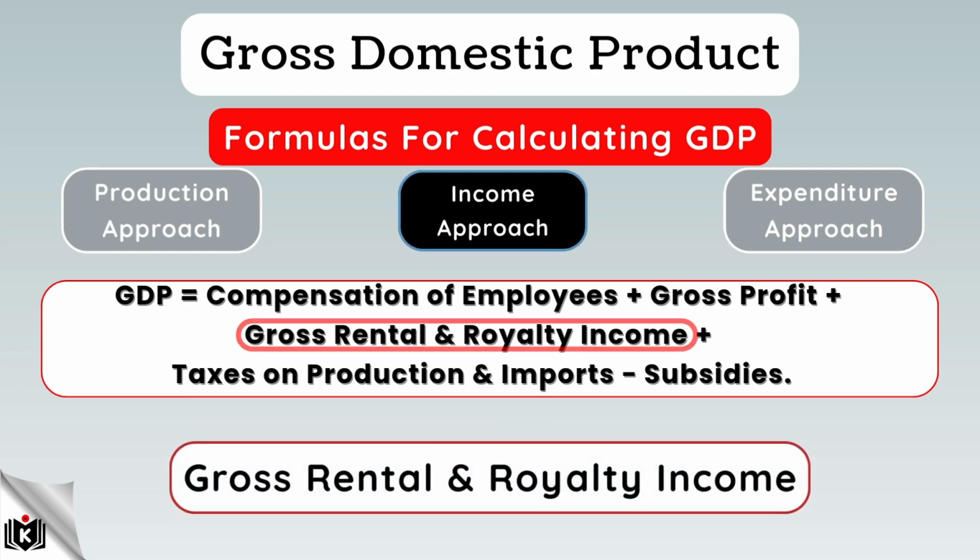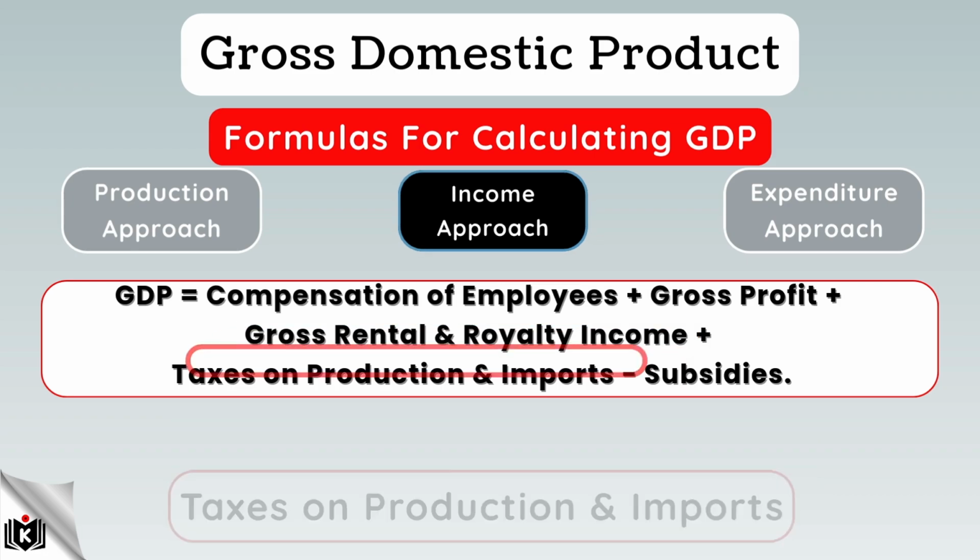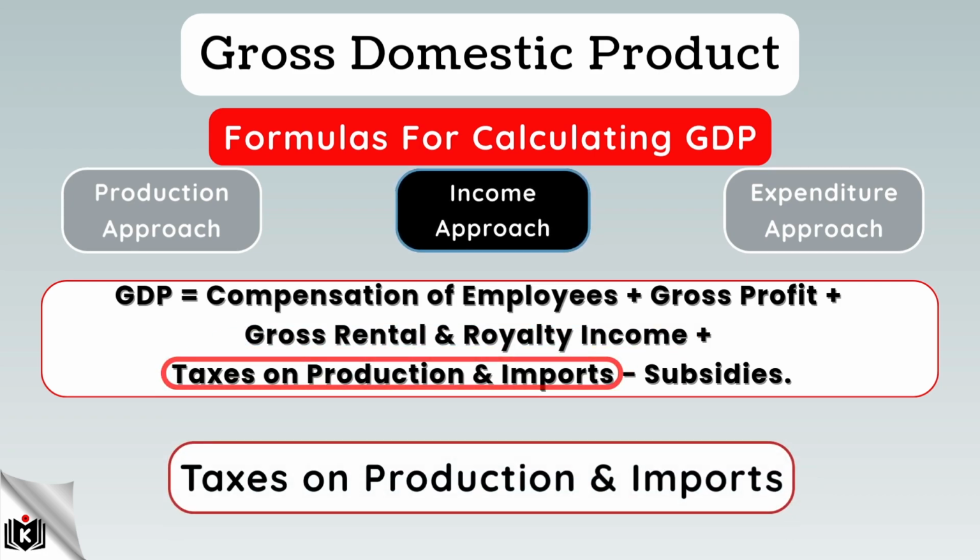Gross rental and royalty income. This component includes income earned from renting out property, equipment, or other assets, as well as royalties received from intellectual property, patents, or natural resource extractions. It accounts for earnings from the use of assets, rather than direct labor. Taxes on production and imports. These are taxes imposed on producers and the importation of goods, such as excise duties, tariffs, and value-added taxes.